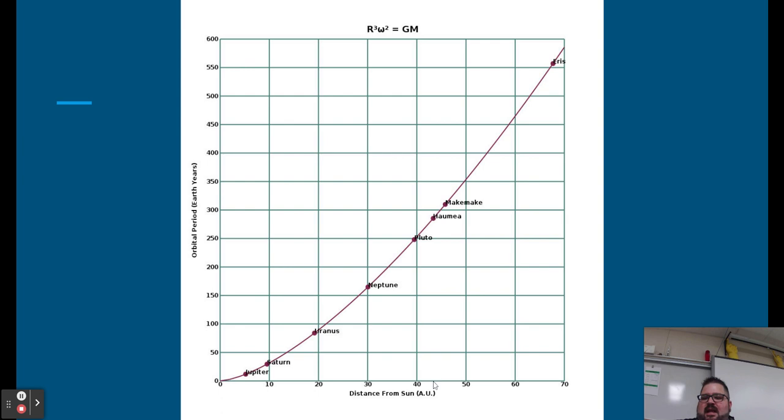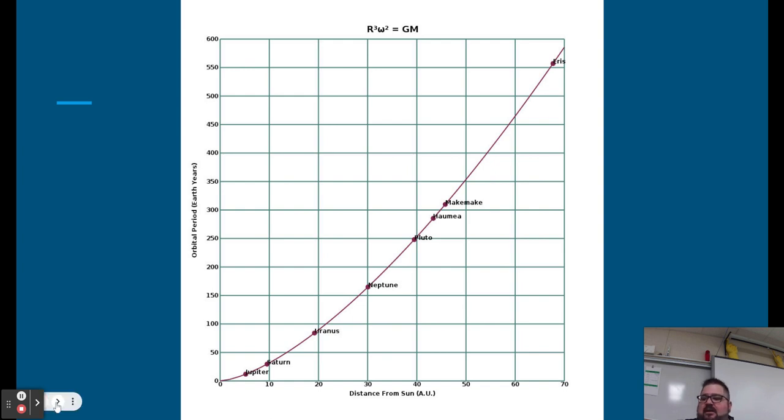So in other words, if we were to find a random planet we didn't know existed, you could come over here to say 55 AUs, go up, and say, all right, right here, the period of revolution would be like 425 Earth years. Once you lay that line down, this rule applies for all the planets. So get that finished up.